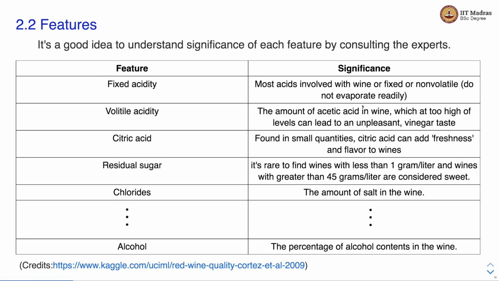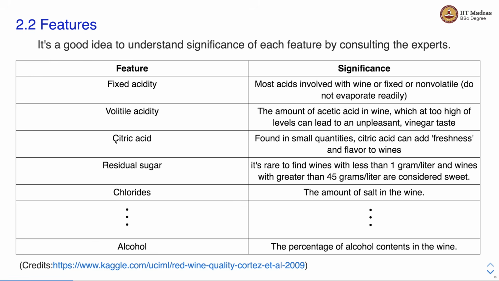These acids do not evaporate readily. Then the second feature is volatile acidity. It captures the amount of acetic acid in wine, which at too high of a level can lead to an unpleasant or vinegar taste in the wine.